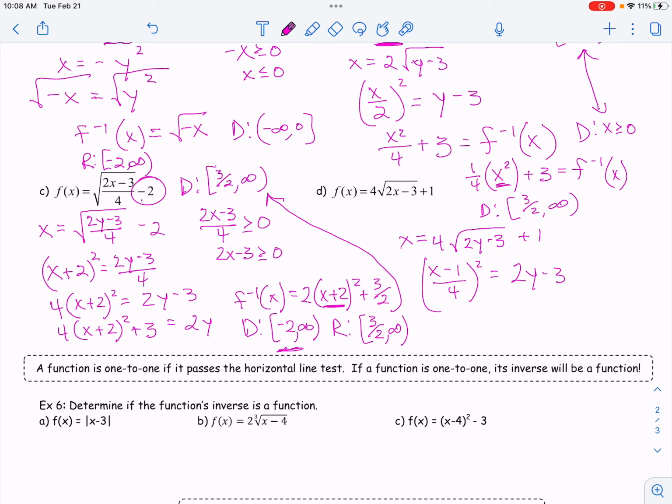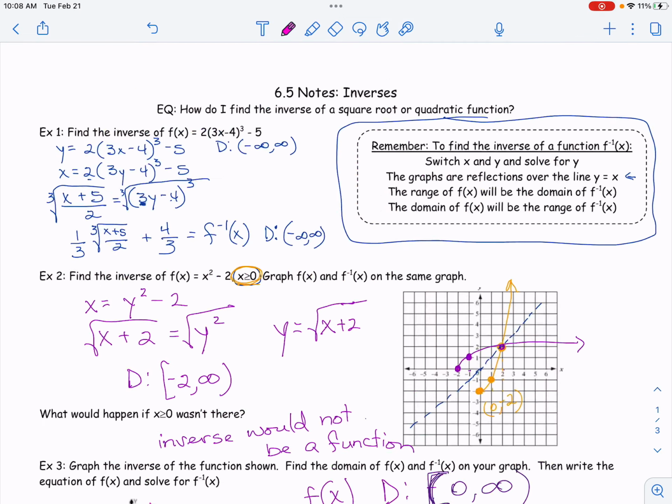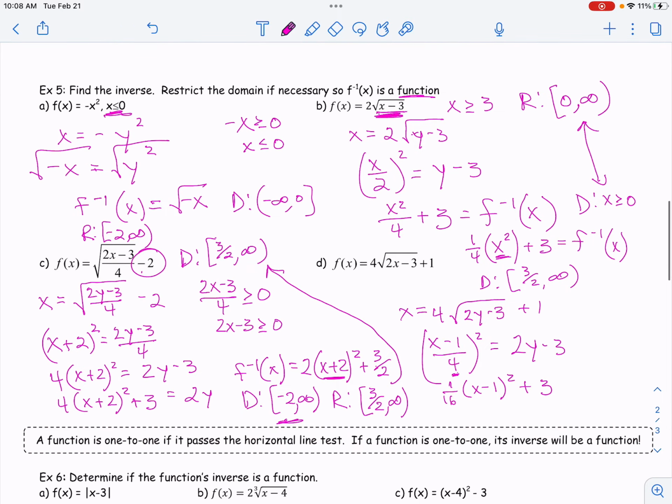Okay, then I want that 4 out. So I'm going to square, so it's going to be x minus 1 squared times 1/16, 4 squared, 16. Then I'm going to add 3, and now I'm left with 2y. So I'm going to multiply everything by 1/2.